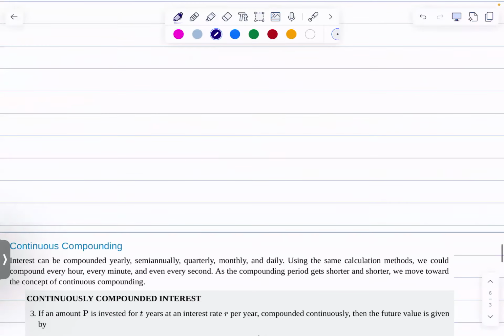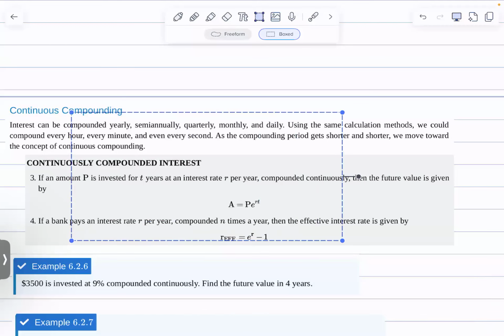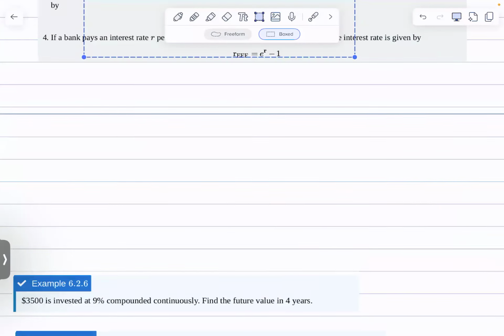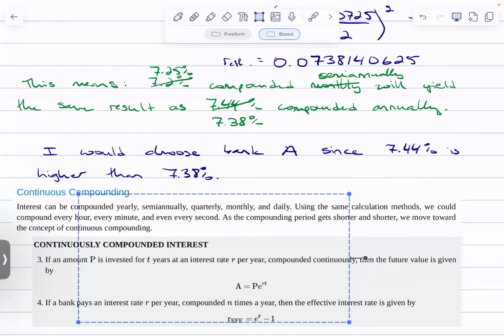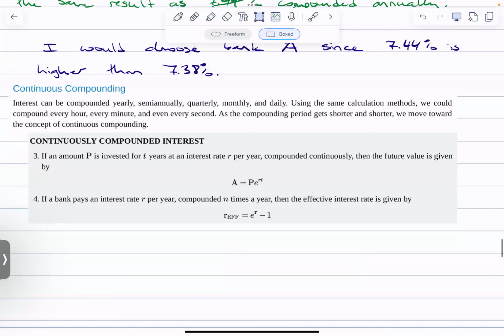Want to know something mind-boggling? There's such a thing as continuous compounding. And it's just always compounding. Not even every second, it's always compounding. And that sounds good, right?